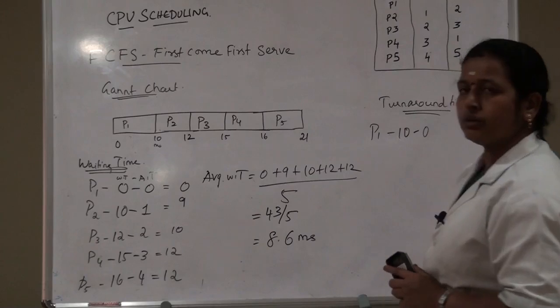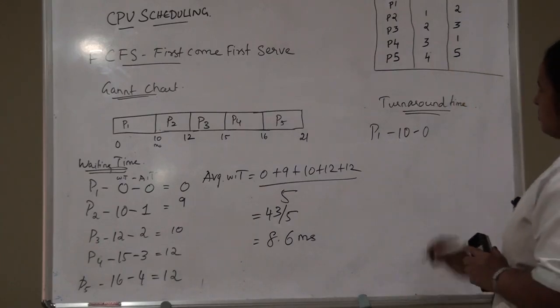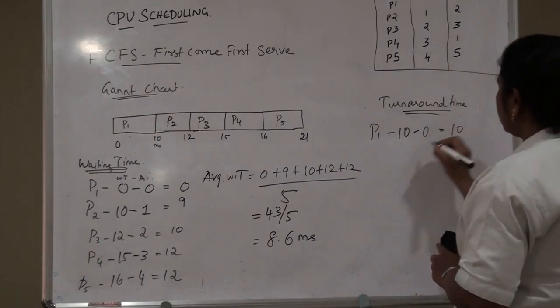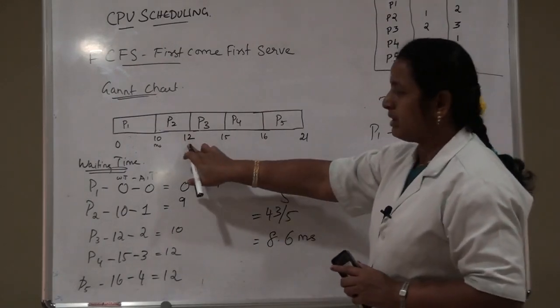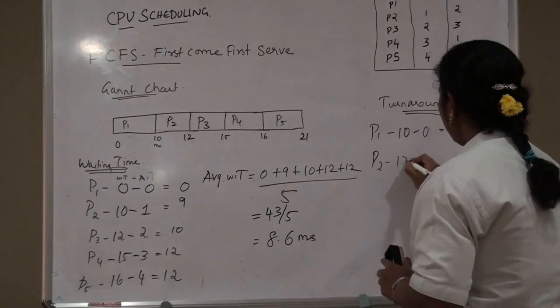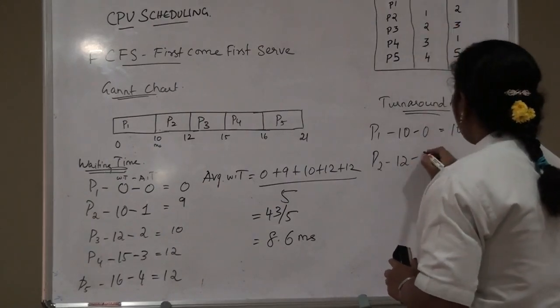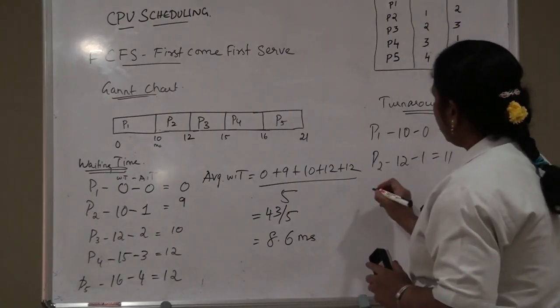Here also you have to subtract the arrival time. So 10 minus 0 is 10. Next is P2. P2's completion time is 12. Arrival time is 1. 12 minus 1 is 11.